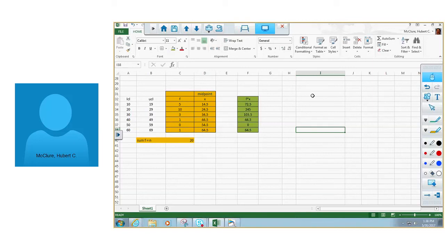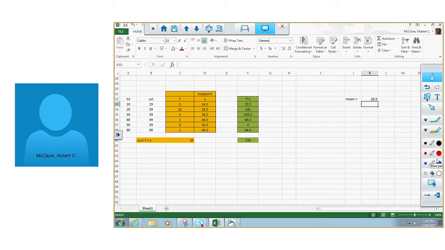Okay, now I'm going to say mean is equal to, and then all you have to do, well, you got to sum that up, sorry. Is equal to 530 divided by what? 20. And that's your mean.